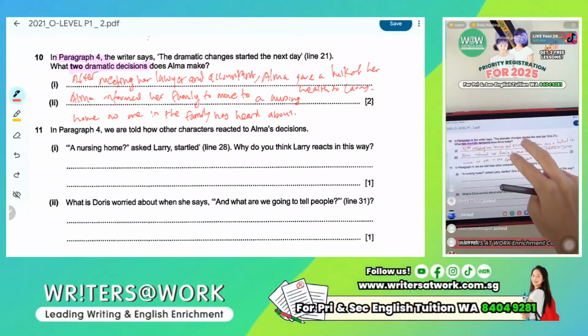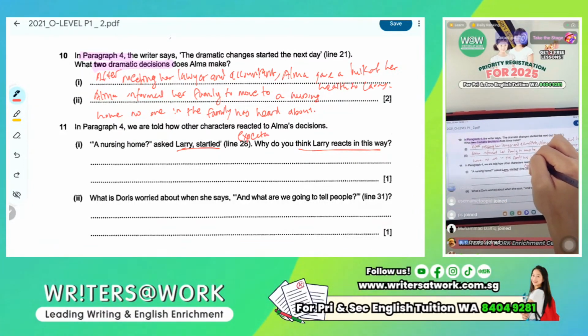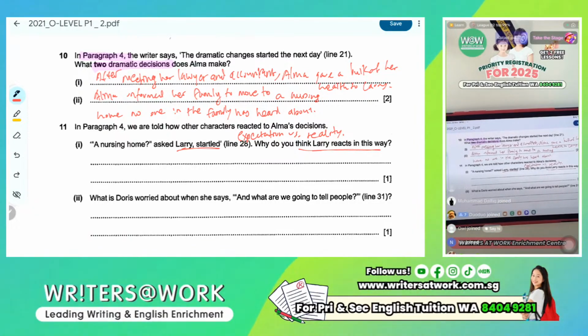And if you read closely in the text, you could see that the son was quite shocked that Alma was going to a nursing home. So why do you think Larry will react this way? I would say this is quite straightforward because you're looking at the expectation versus reality kind of comparison. The expectation is probably that Larry wanted Alma to live her golden years in the family home and probably enjoy the kind of love and family companionship, right?